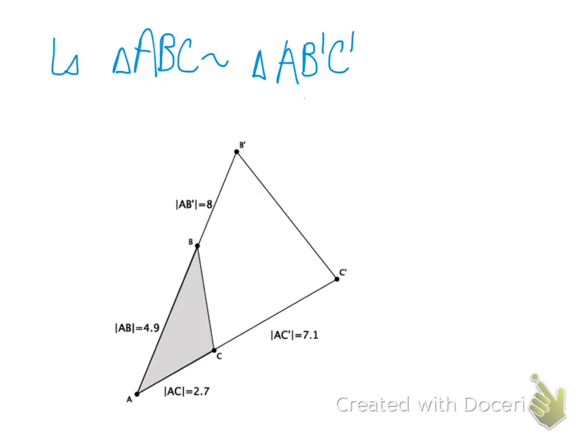Okay, so here's point B, and here is B prime. Here's C, and C prime, and here's point A. So we're given the triangle, the smaller one is already superimposed. So we do have the one angle.